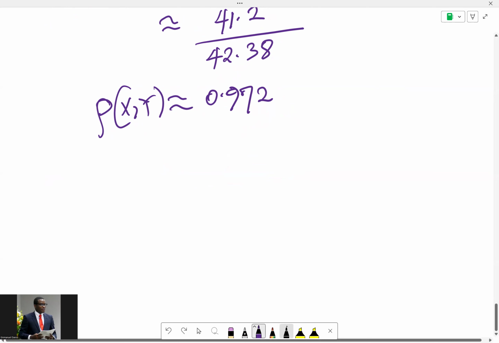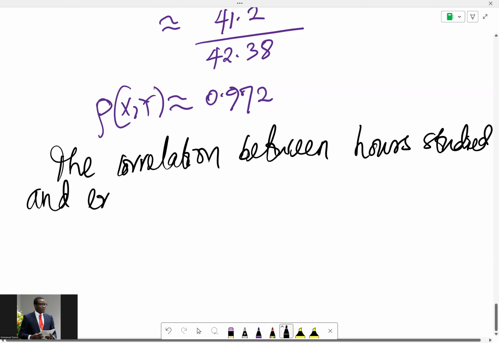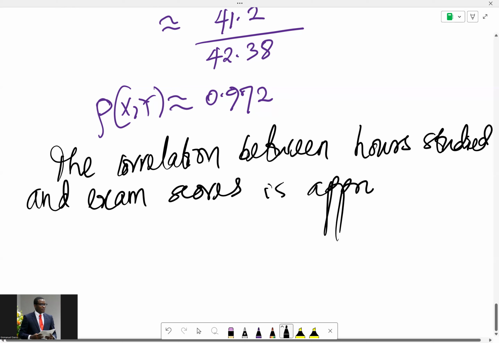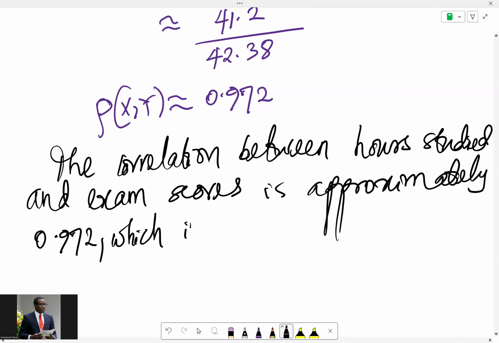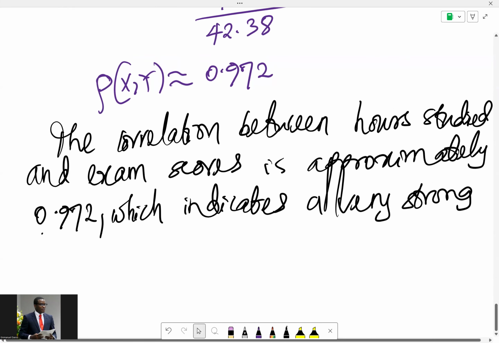Okay. So what we actually say here is that the correlation between hours studied and exam scores is approximately 0.972, which indicates a very strong linear relationship.